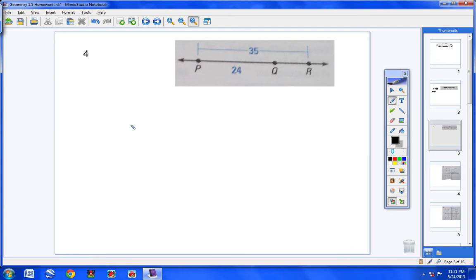All right, let's take a look at number 4. They want us to find the length of QR. Here's QR right here. Notice they've given us the whole length from P all the way down to R is 35, and from P to Q is 24. So you have to ask yourself, what would I put in for QR? If I took 24 plus this number, I would get 35.